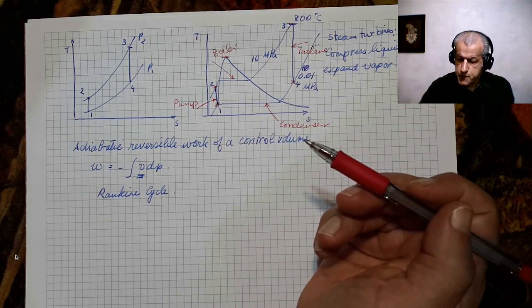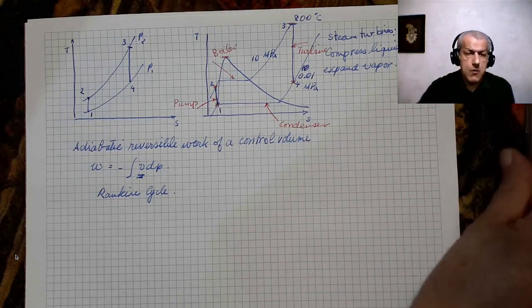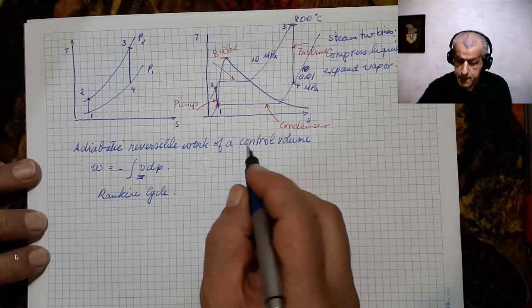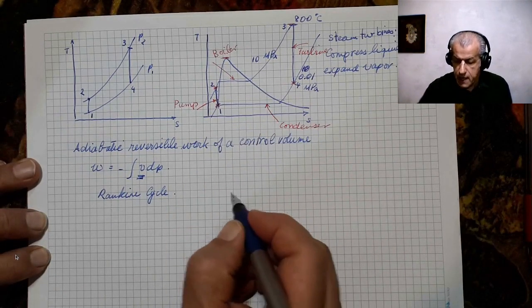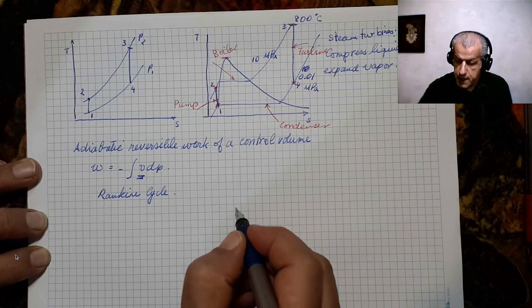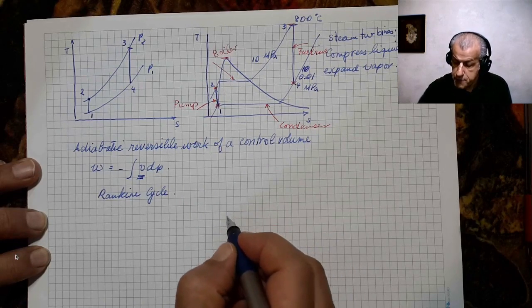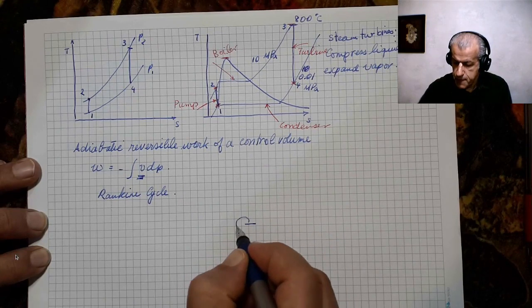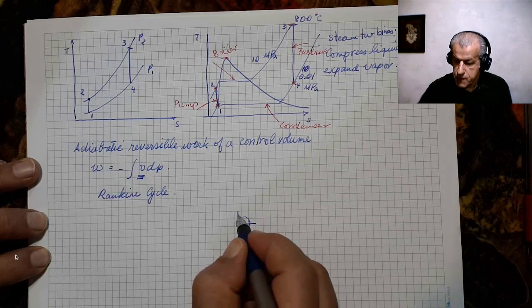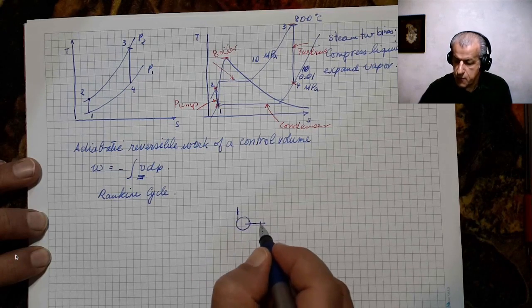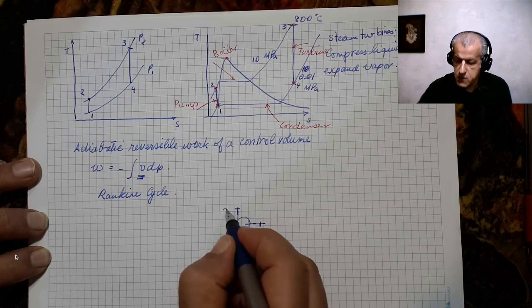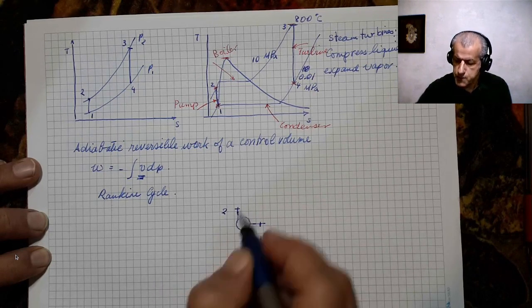Now, if we draw a diagram for this cycle, the diagram would be a pump, which receives water from point 1 and delivers high pressure water to point 2.